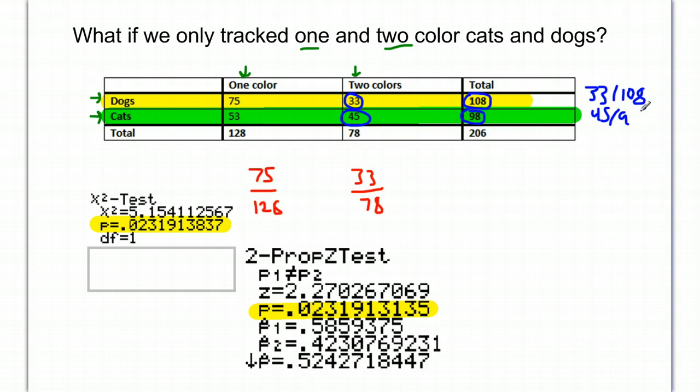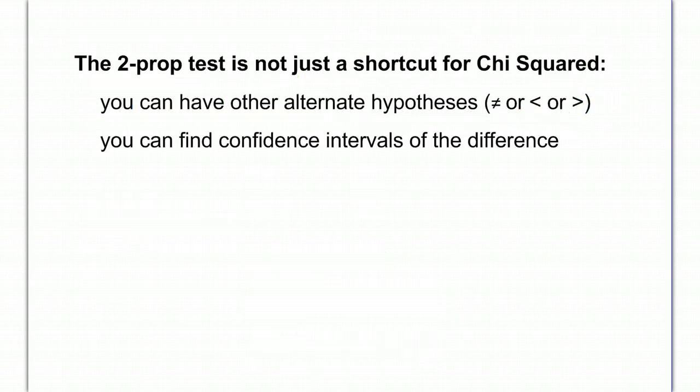These are completely different proportions, but yet if you take the time to put this into your chi-squared or your 2-prop test in your calculator and do a not equals test between the proportions, you'll find that you get the exact same p-value. So it doesn't matter which way you look at the table, you're going to get the same results. But it's not just a shortcut for chi-squared.